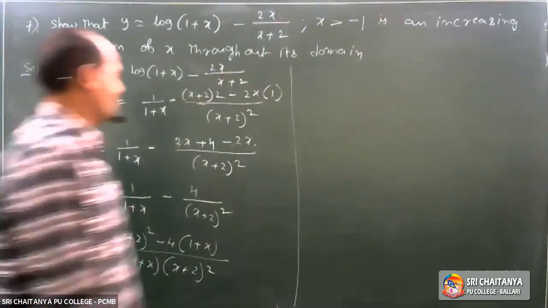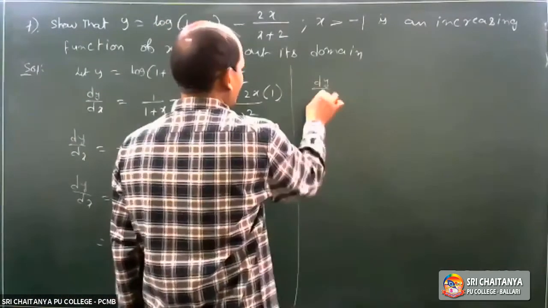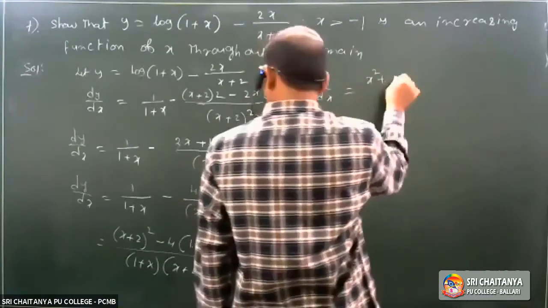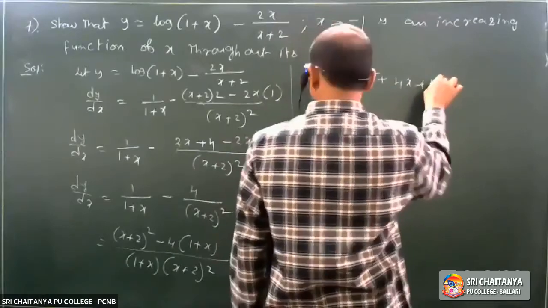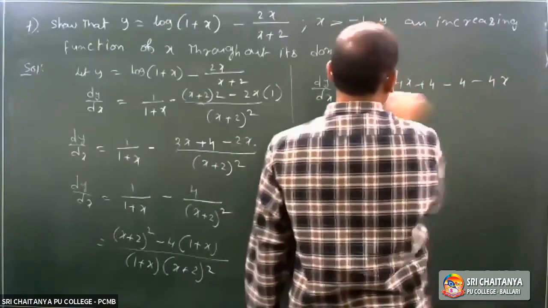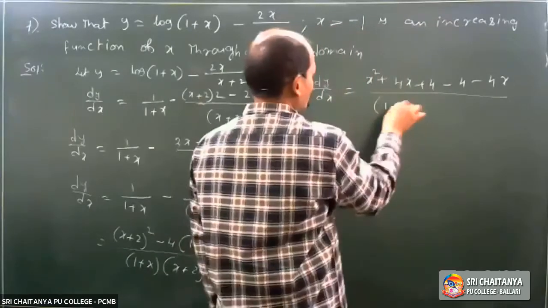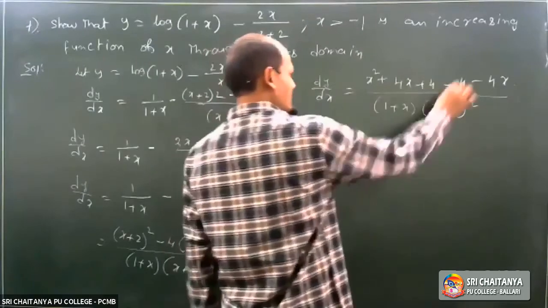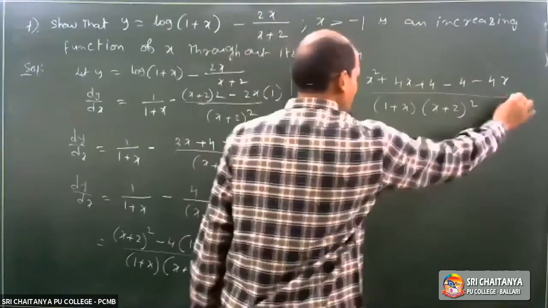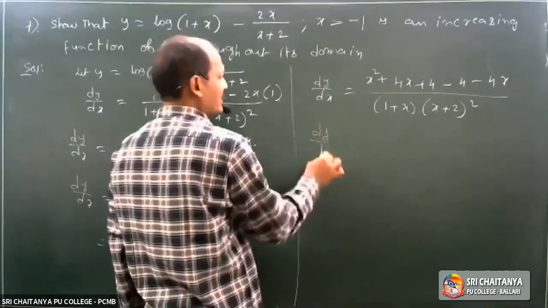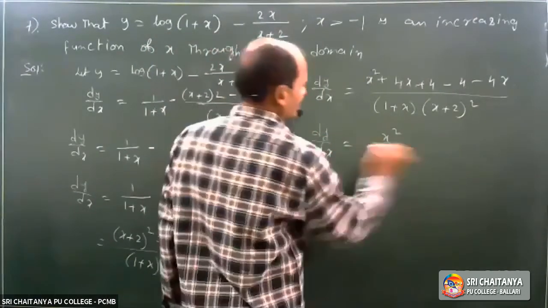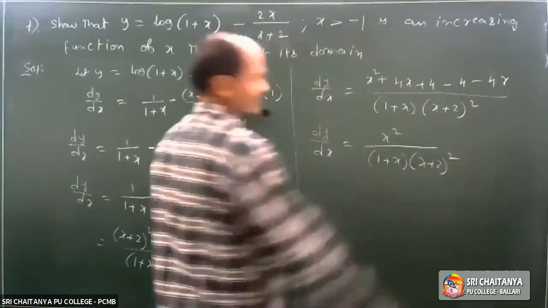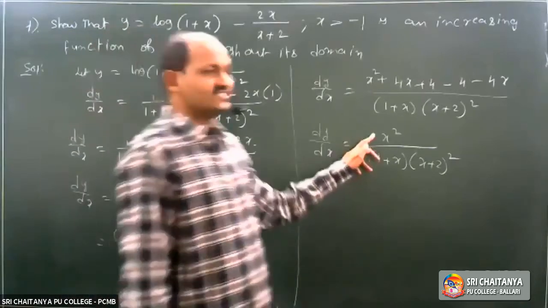Using the a plus b whole square expansion, dy by dx is x square plus 4x plus 4 minus 4 minus 4x, divided by 1 plus x into x plus 2 whole square. Plus 4 minus 4 removed, plus 4x minus 4x removed. Then we get dy by dx equal to x square divided by 1 plus x into x plus 2 whole square.